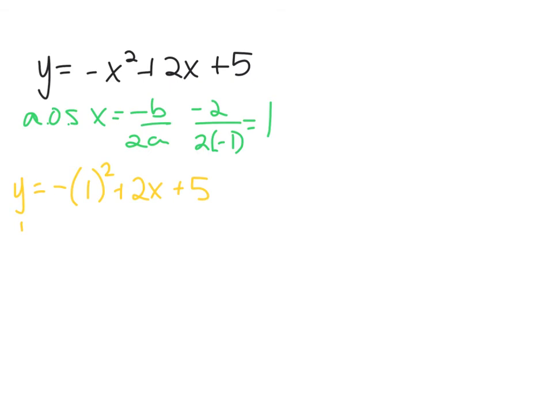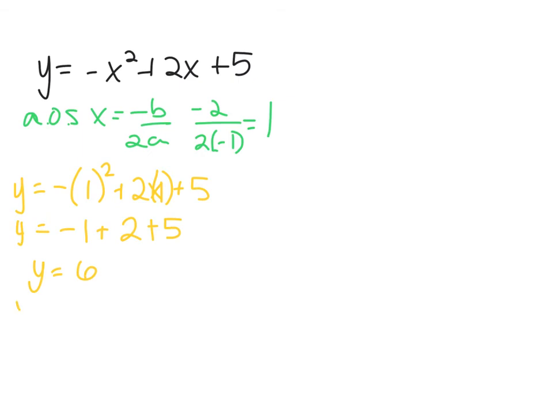So y equals negative 1, because 1 squared is 1, apply the negative, plus, oops, this should have been times 2 times 1, plus 2 plus 5. So negative 1 plus 2 plus 5 gives me a y value of 6.